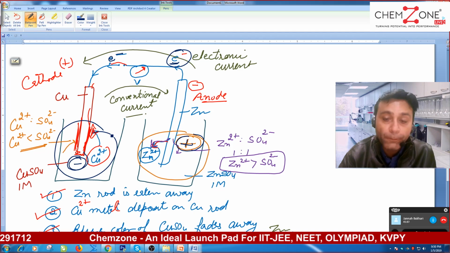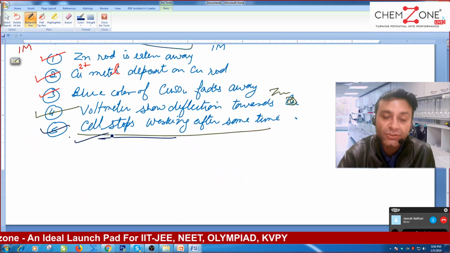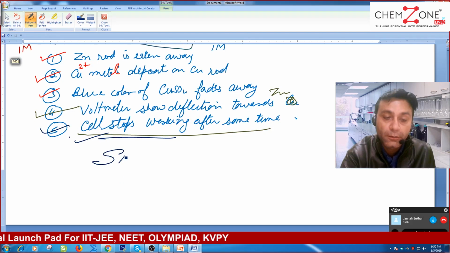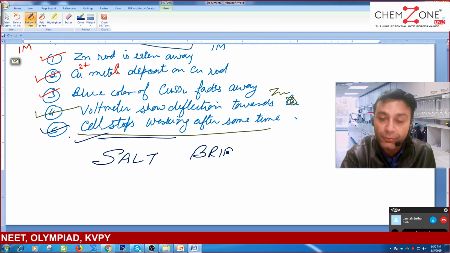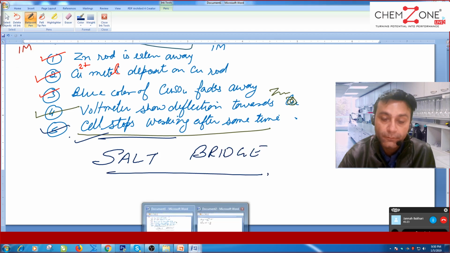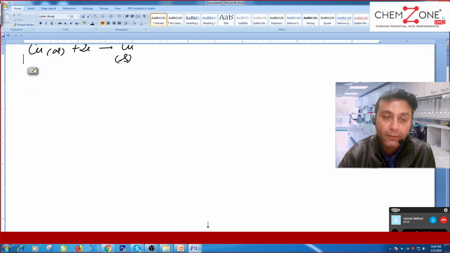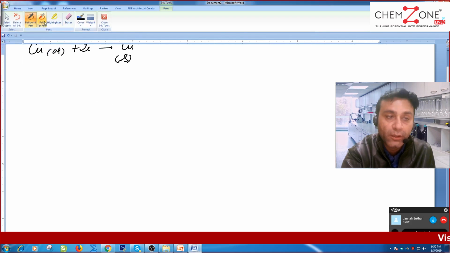And to make it possible, what we are introducing is a salt bridge. This bridge will now help you to continue the cell. Now, what is this salt bridge and how will it work?